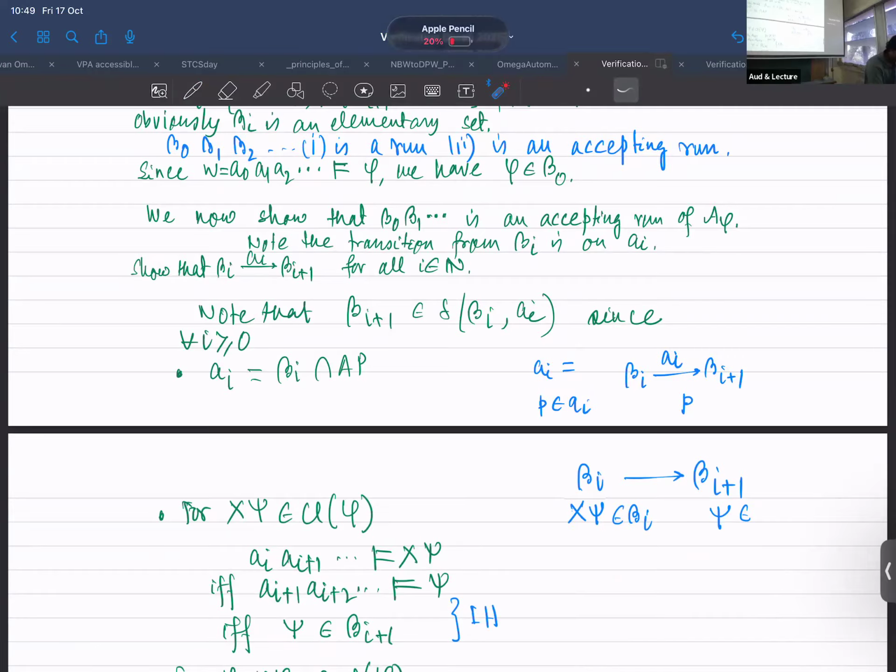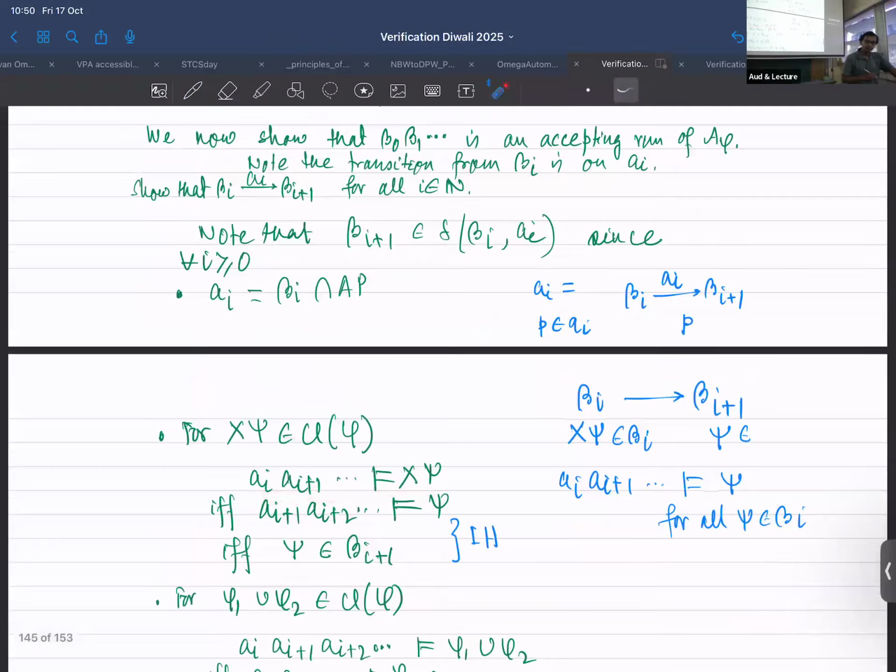By the definition of beta I, this is how we have constructed the beta I. It's a set of such psi, so all such psi belonging to beta I constitute the beta I. Now suppose you say that there is an X psi belonging to beta I. That means that by the definition of beta I, this satisfies X of psi.